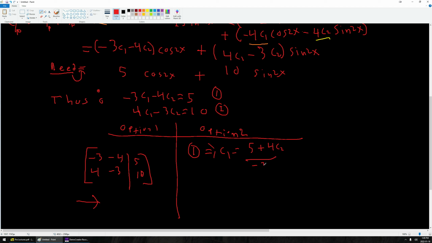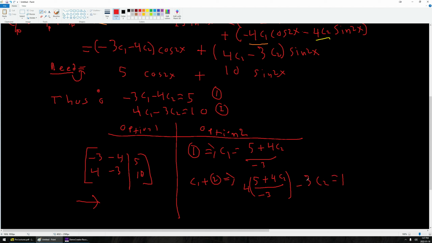And then you would take this, so say C1 plus equation 2, and that would imply, if I take this and I plug it in here, I would simply get something like 5 plus 4C2 all over negative 3, and again, multiplied by the coefficient of 4 out front, minus 3C2 is equal to 10.